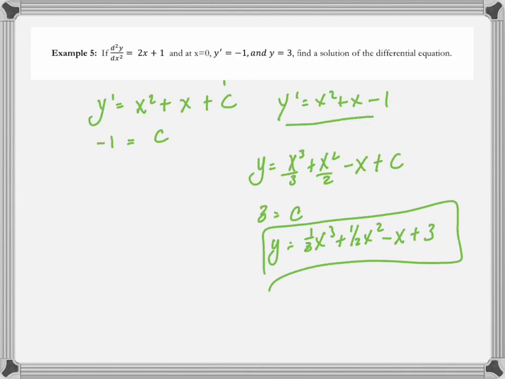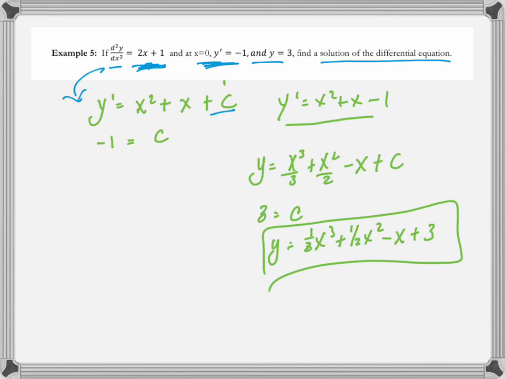And let's do number 5. All right, this is a good one. It's the second derivative, and it wants you to find the solution. Now, when they give you one of these, just use antiderivatives. Go backwards. So if the second derivative is this, what's the first derivative? I wouldn't separate your variables or anything. I would just take the antiderivative and put plus c, because they give you an initial condition.